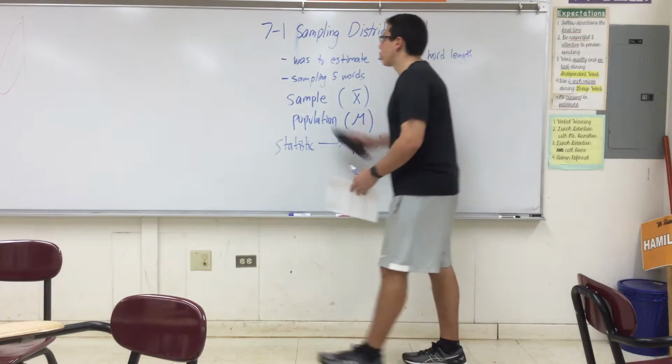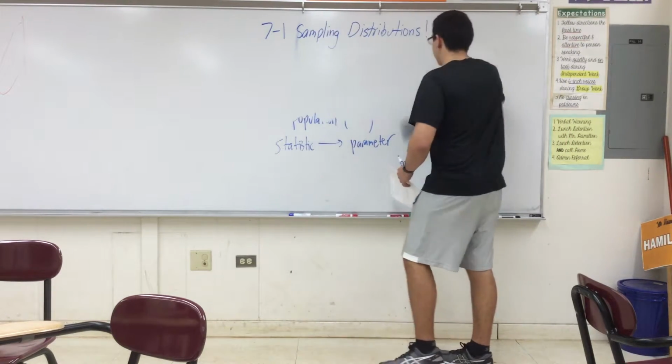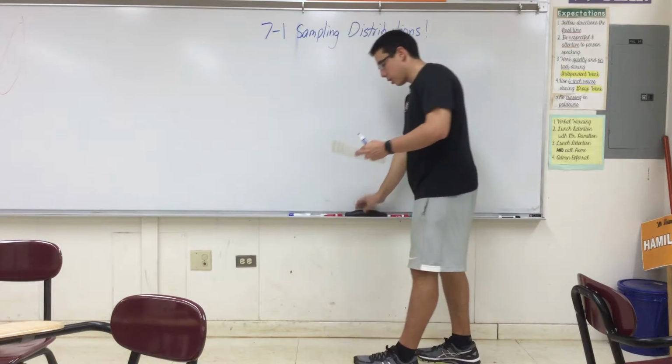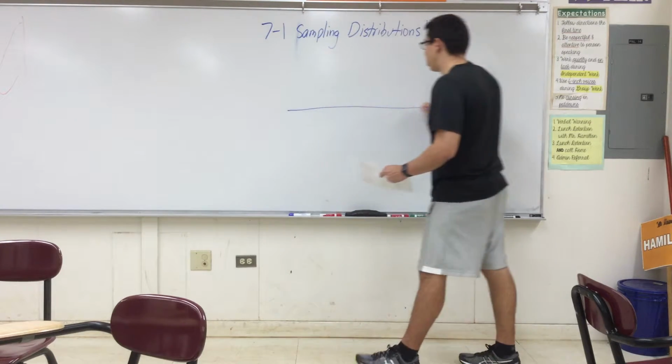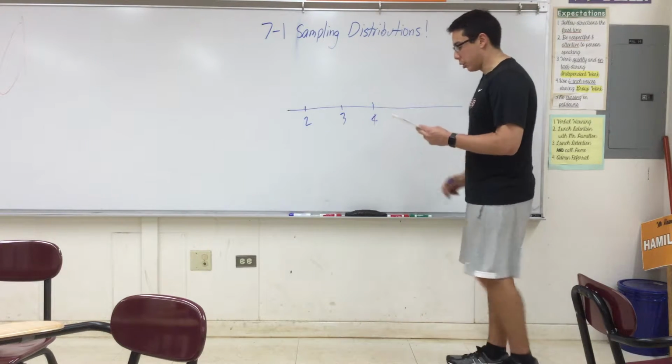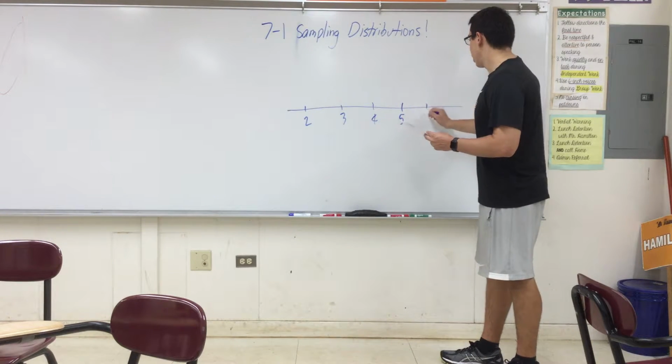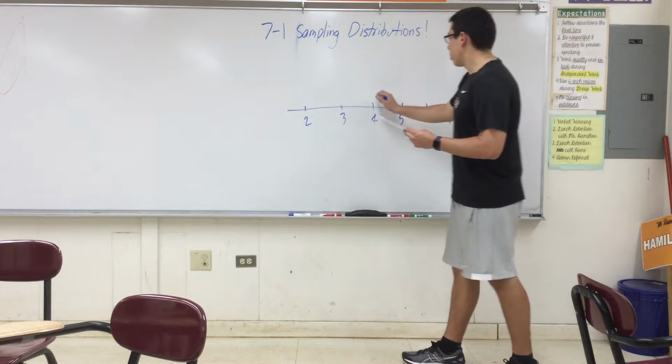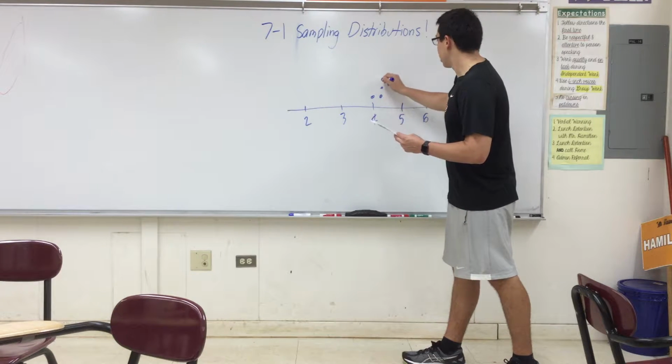For example, if we were to draw a picture of this, I would have my sampling distribution like this. I'm just going to draw a dot plot real quick. I would label these 2 through 7, and then put a bunch of dots here.